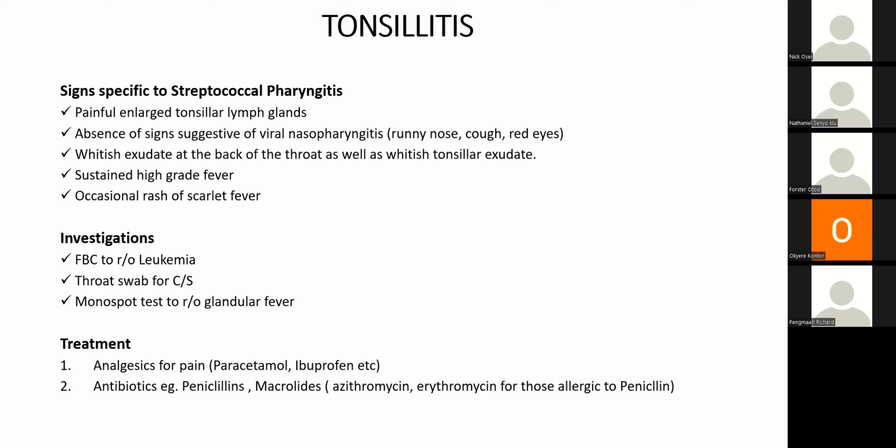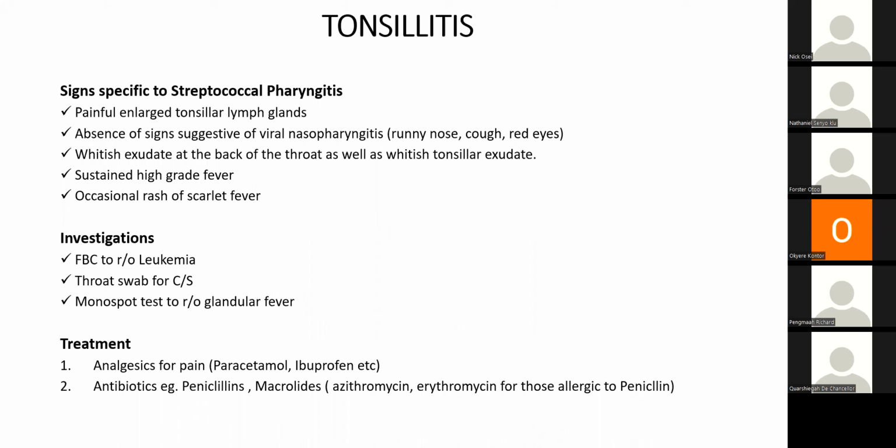Remember, a typical viral nasopharyngitis presents with a runny nose, cough, red eyes, sneezing, and sometimes there may not be any fever. But the typical streptococcal tonsillitis presents with painful enlarged tonsillar lymph glands, absence of the signs suggestive of viral nasopharyngitis.